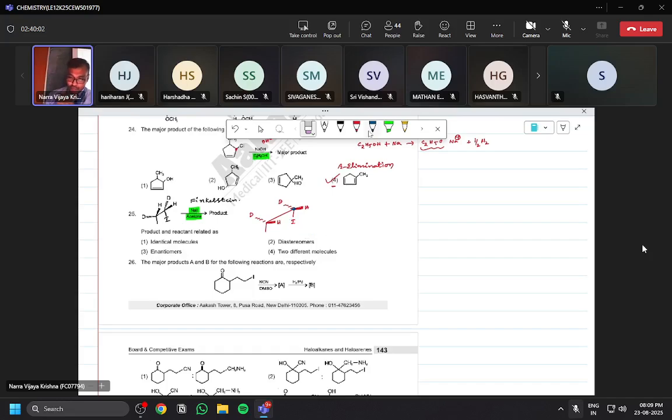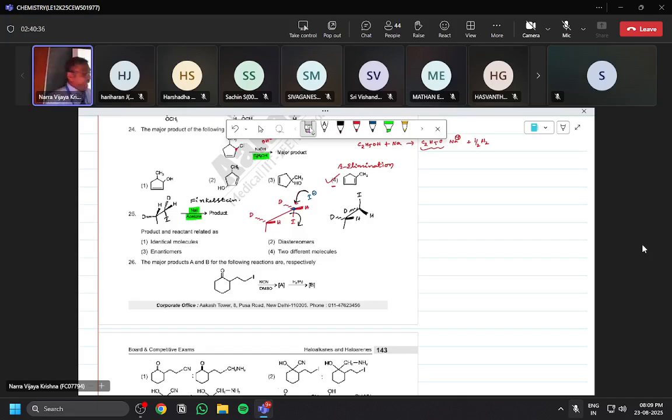Means only possibility is I minus should go and attack here, making this iodine leave. One possibility, right? Then what I should get? Then this hydrogen comes below the plane. This deuterium comes below the plane. This iodine comes above the plane, correct? I will get this one, correct?